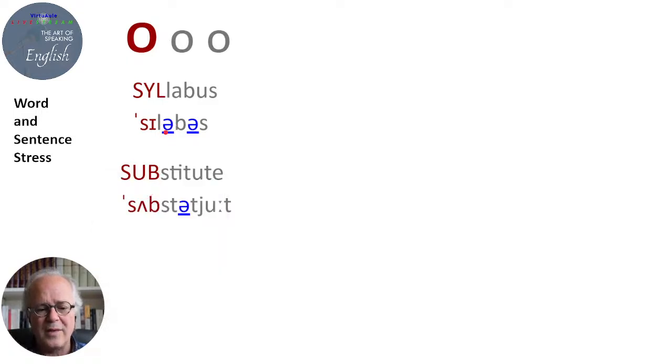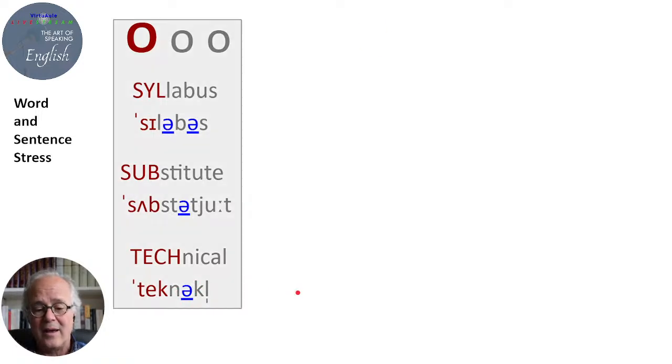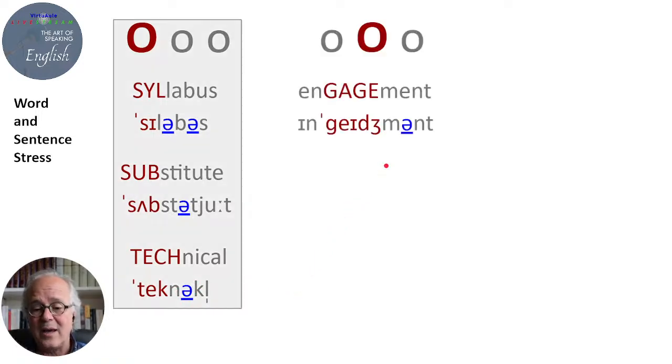We have the stressed syllable here, syllabus or substitute, and you'll see that these weaker syllables, these weaker sounds are many times the schwa here in substitute and also in technical. You see there's a schwa here. And the second group, the same, engagement.